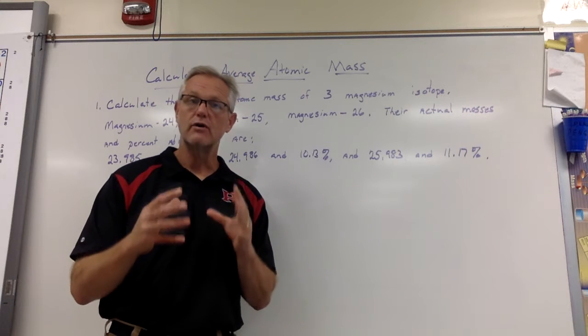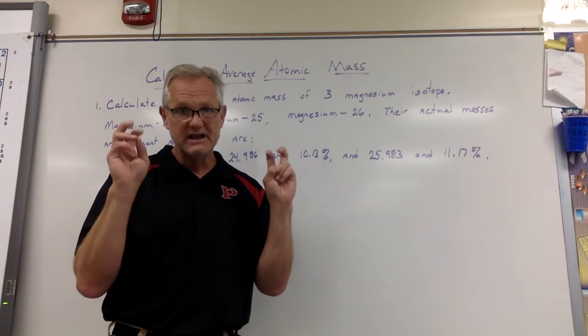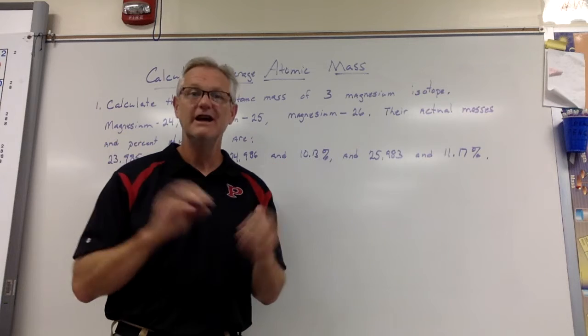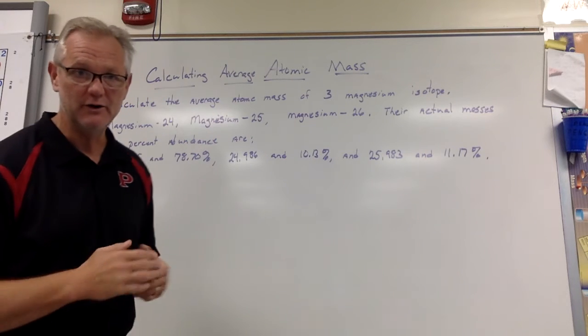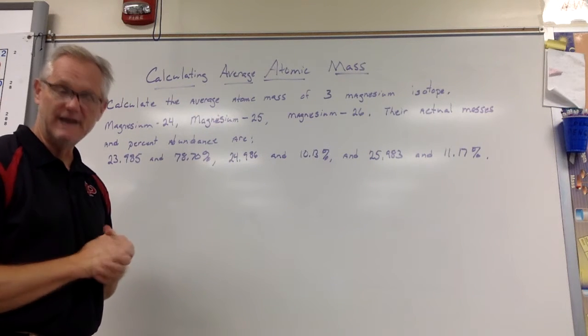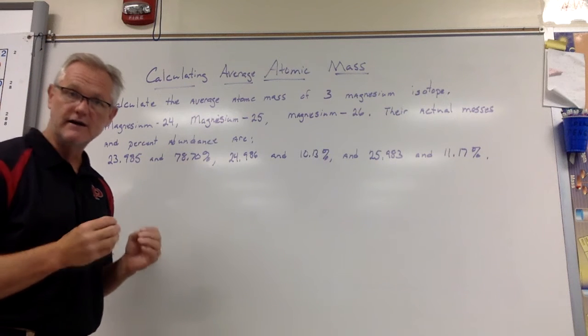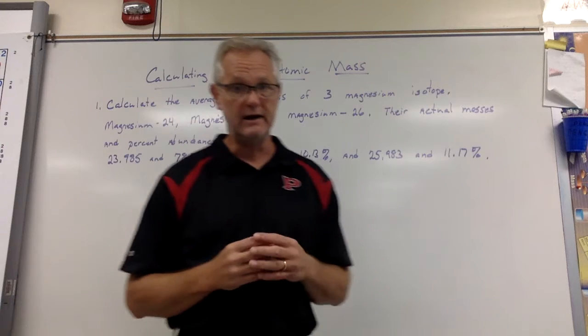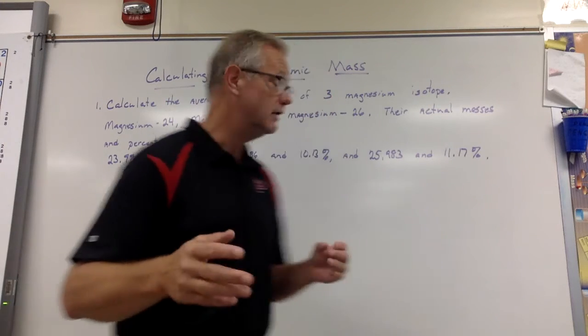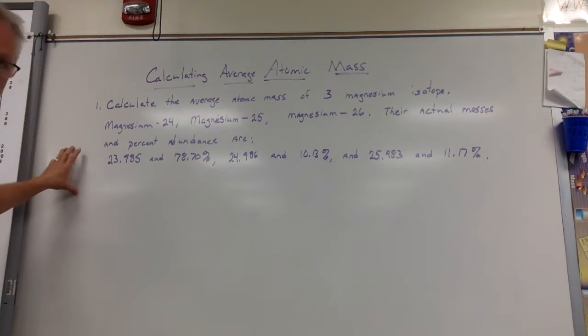You can create other semi-stable, stable-ish elements, and we call those isotopes. An isotope is any element that has a different atomic mass than what you would find on the periodic table. So let me show you this question up here.